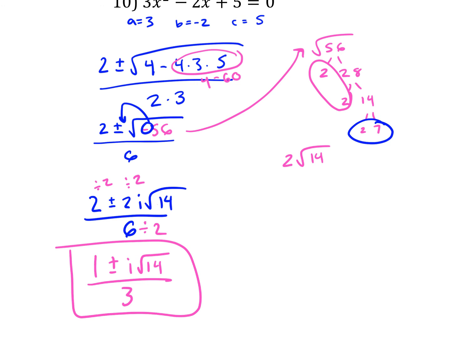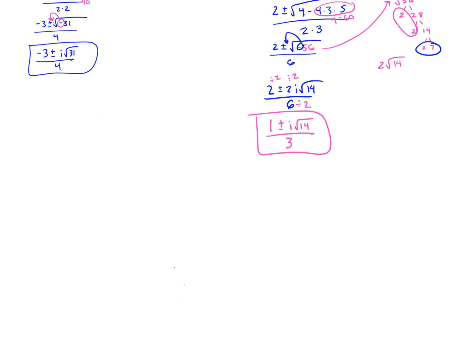All right, so let's say I had 100x squared plus 9 is equal to 0. And I had to solve for x. What do I do? Subtract 9.